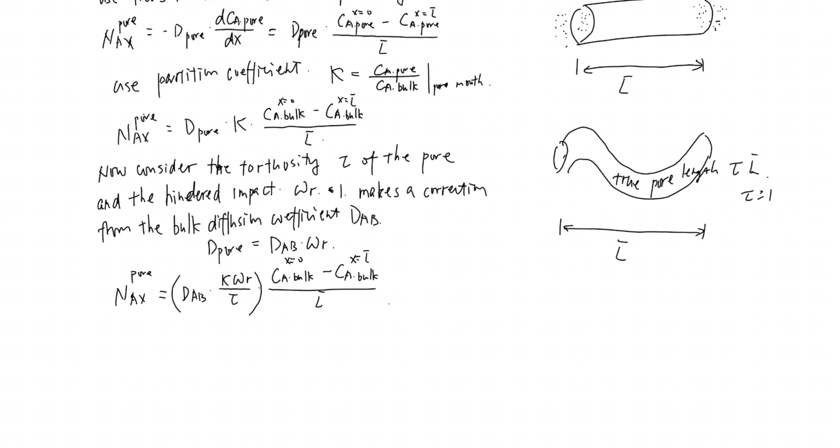Sometimes we put D_m. They call it membrane, though it's not necessarily the effective diffusion coefficient of the membrane. It is the diffusion coefficient of a pore in a membrane.